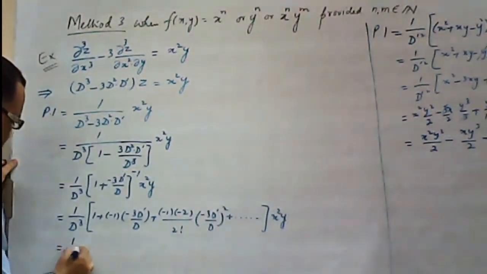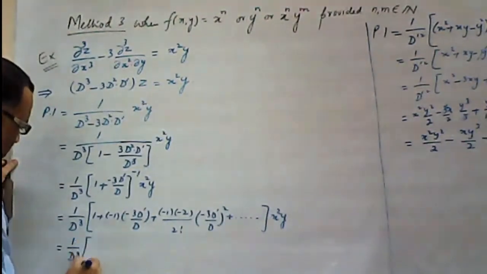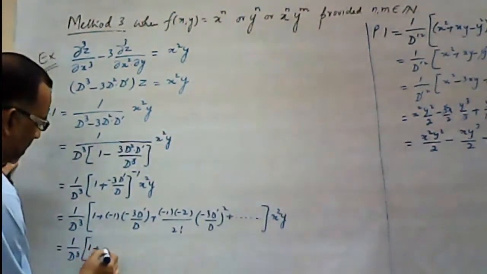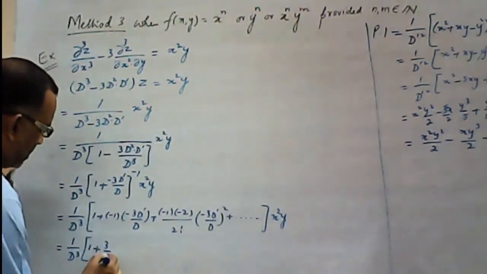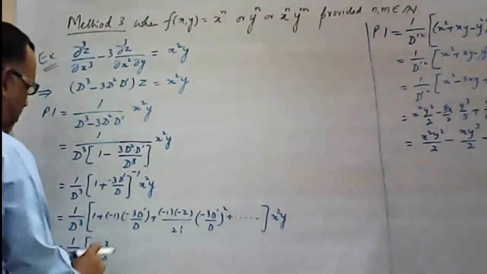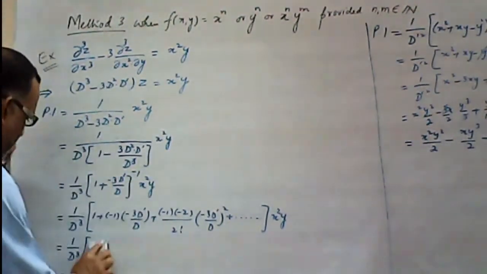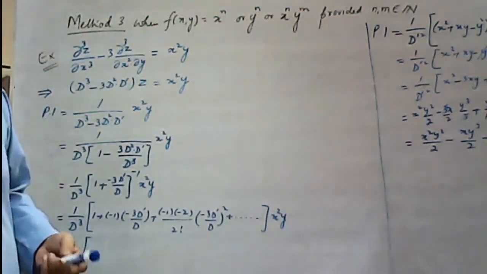Now in the next step 1 upon D cube, 1 minus minus plus 3D dash. It is better to open this bracket like this.